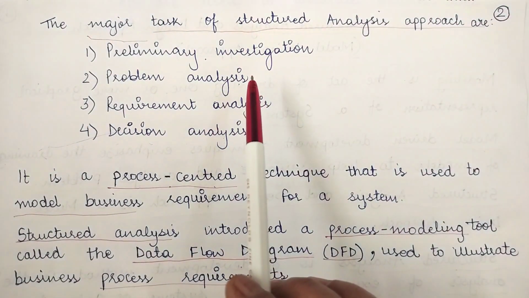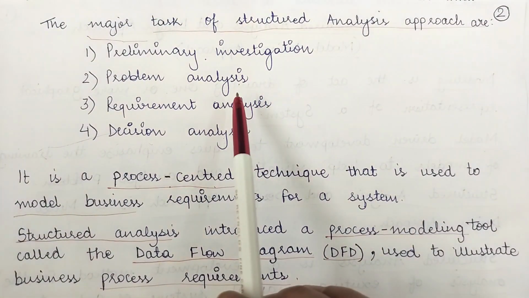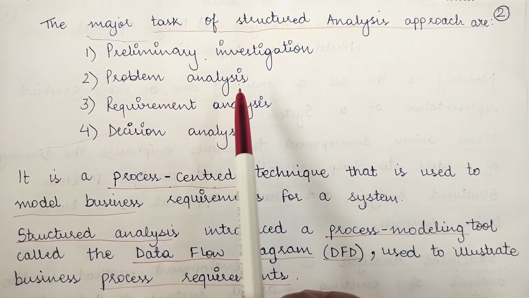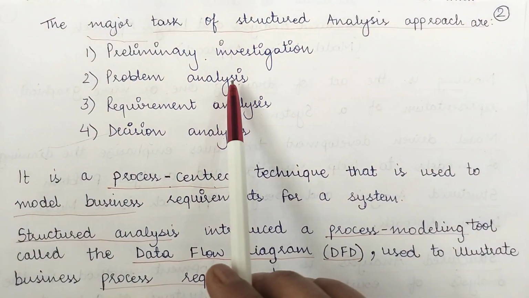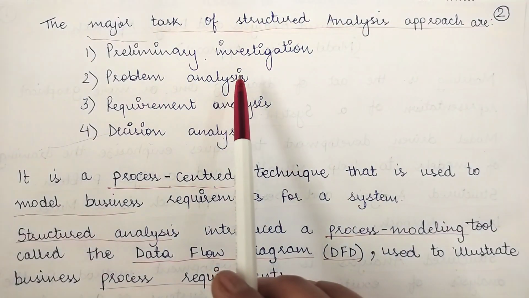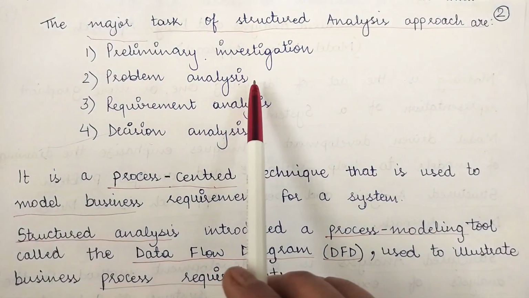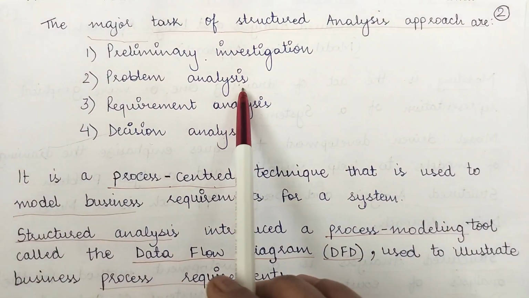What are the problems of the business? What are the objectives of this business? And what are the requirements of this particular business? Then the analyst designs the most optimal solution to fulfill all these needs of the business. This is done during the problem analysis phase.